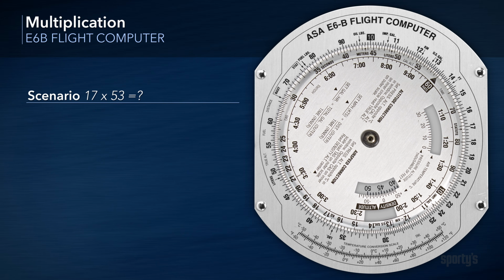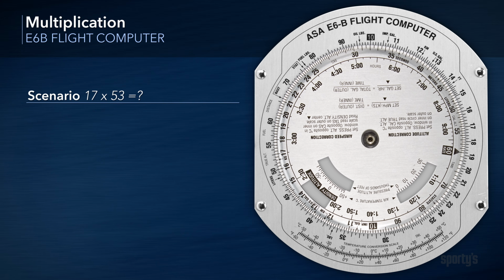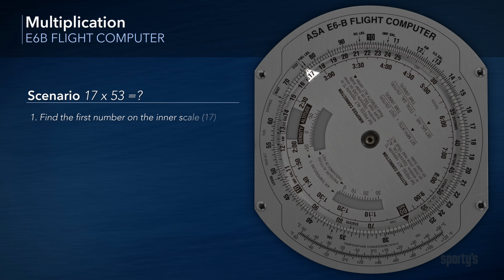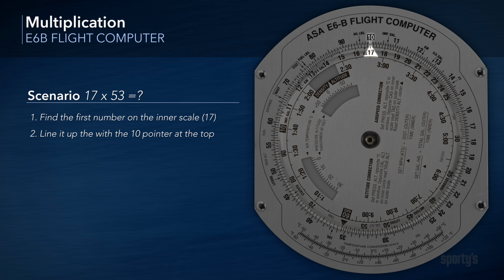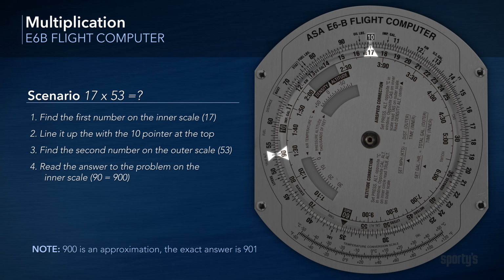This time, we'll multiply 17 by 53. Line up the number 17 on the inner scale with the black 10 pointer on the outer scale. Next, find 53 on the outer scale and read the number across from it on the inner scale as 90. Based on the input values, 90 in this case represents 900.